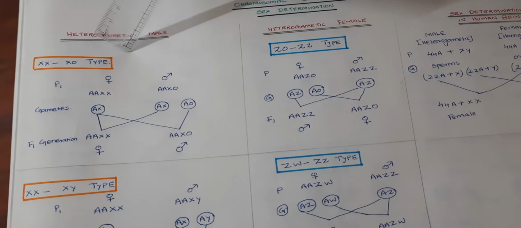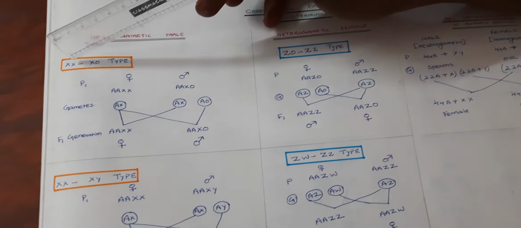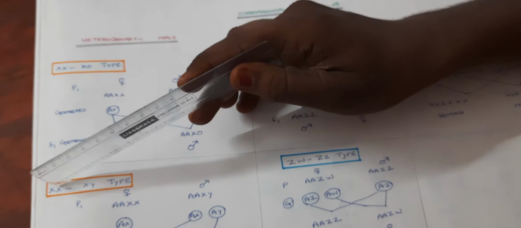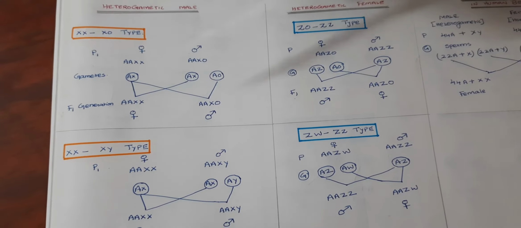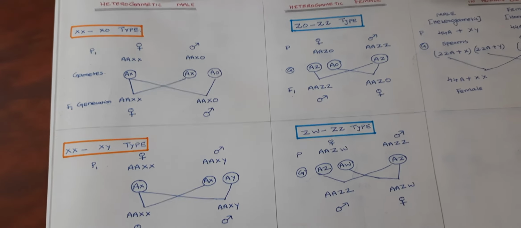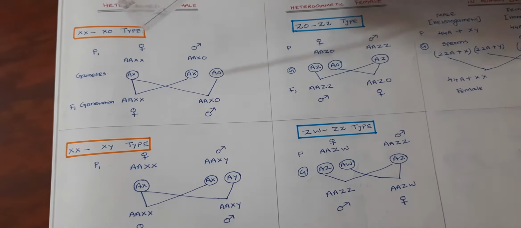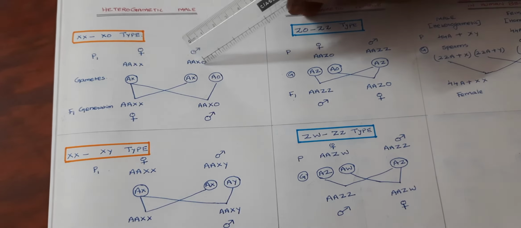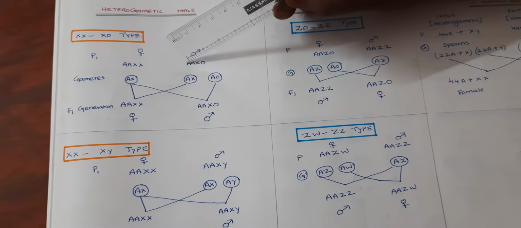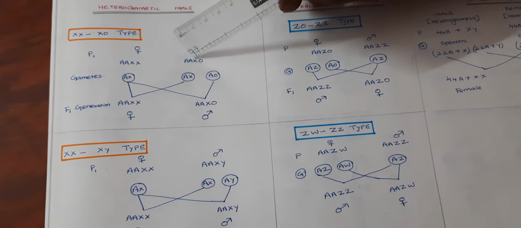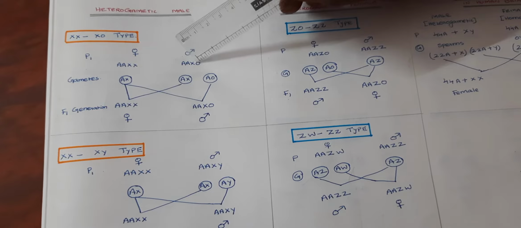Heterogametic male. There are two types, XX-XO type and XX-XY type. Now you see the parent P, the heterogametic male. That means the male has two different types of chromosomes. AA is the autosome, always the same. XO, two different types of chromosomes.